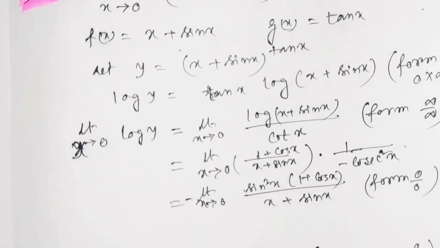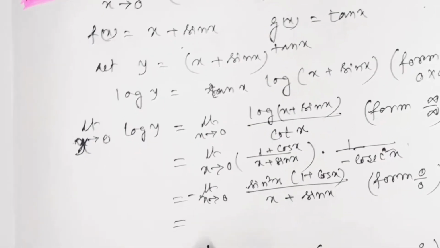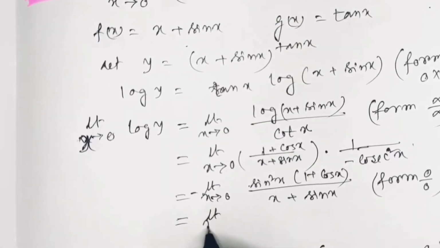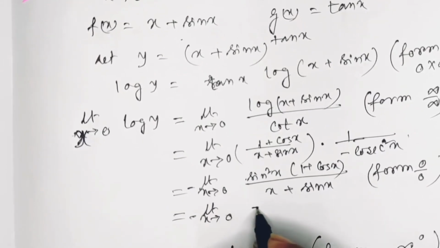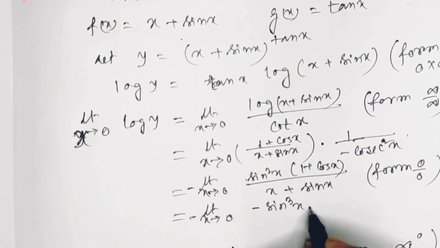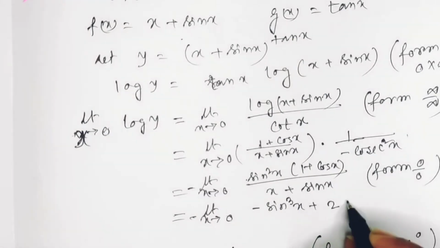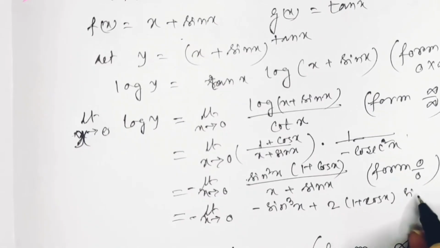So now we again take the derivative and after that we substitute. The minus sign is outside, and after taking the derivative we shall find sin cube of x plus 2 into 1 plus cos x, then sin x and cos x.